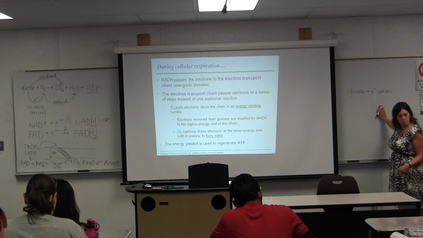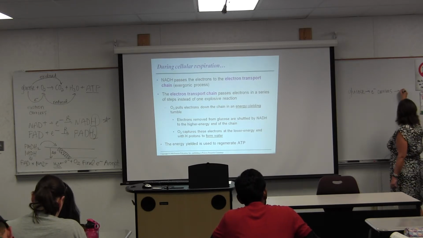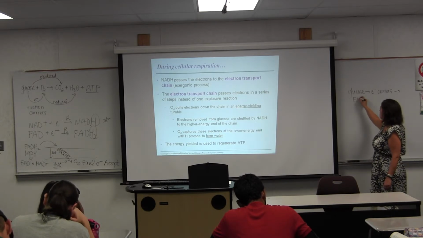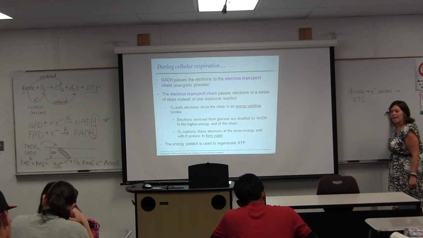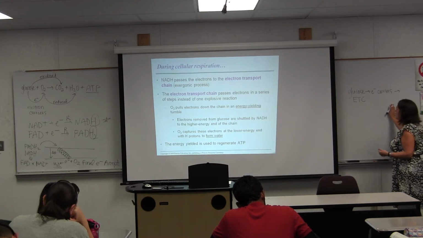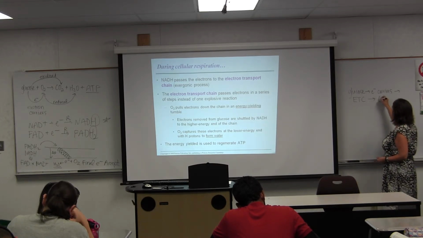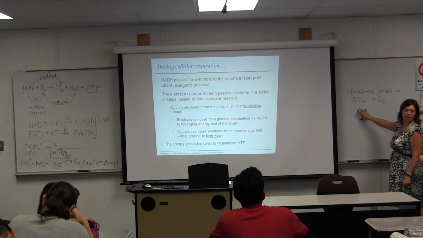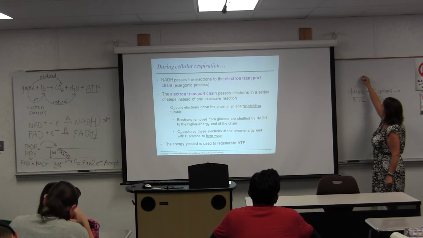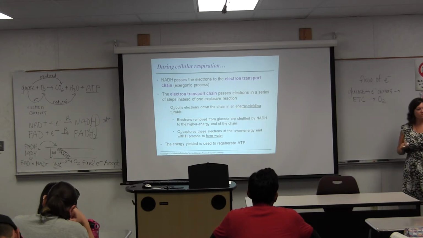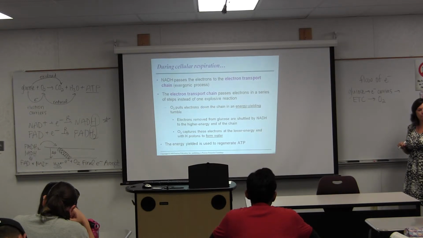And from those electron carriers, they're going to be given to the electron transport chain. And as they go through the electron transport chain, those electrons will finally end up with oxygen. So this is the flow of electrons in cellular respiration.